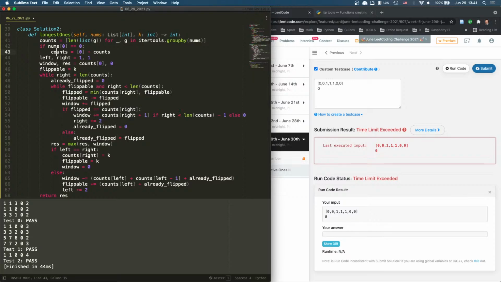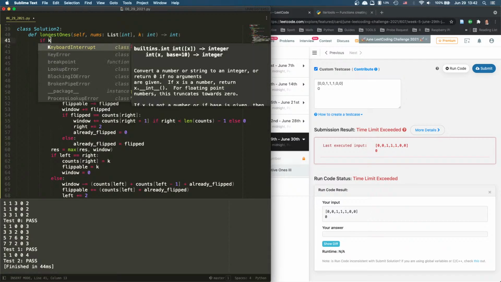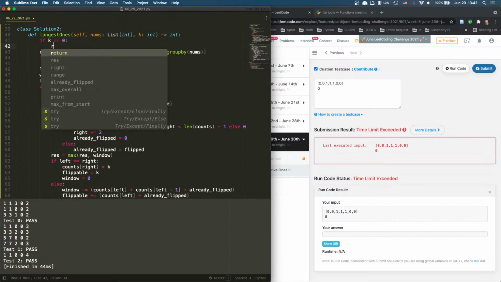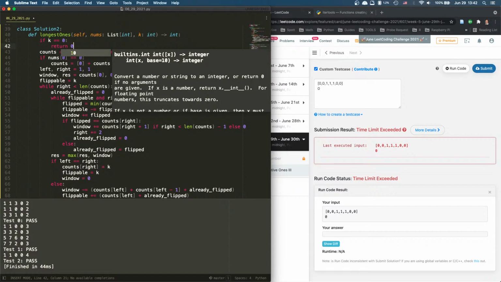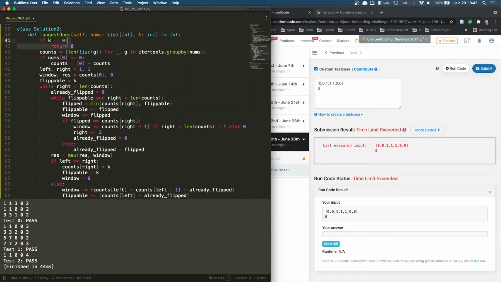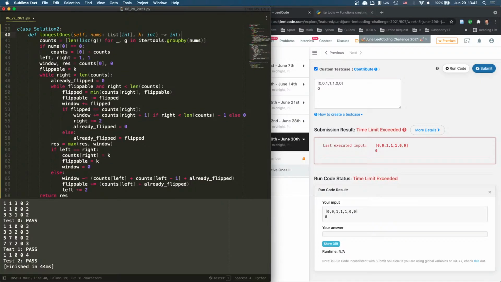I think it's necessary. Just say if K is 0, return 0. K is 0 shall be returned. I hope I can. Come on. K is 0. Flippable is not doing anything.